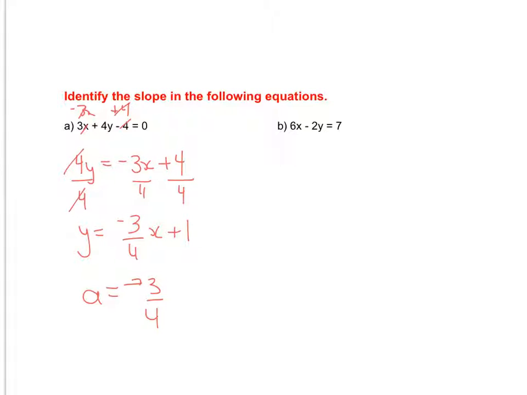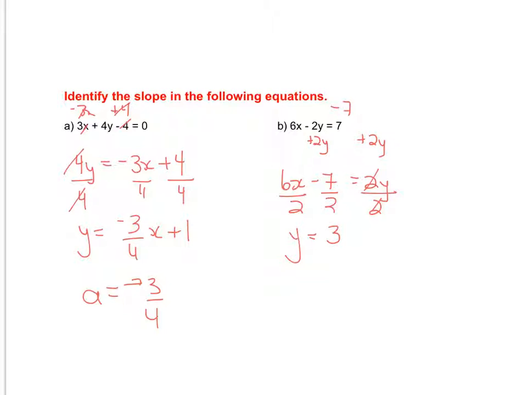And here I have another one. Y is negative, so I'm going to move y to the other side. So 6x, and I'm going to move 7 over, minus 7 is equal to 2y. I'm going to divide everything by 2 now that y is positive. I need 1y. So my equation is going to be y is equal to, now 6 over 2x, I can reduce that to 3 over 1.